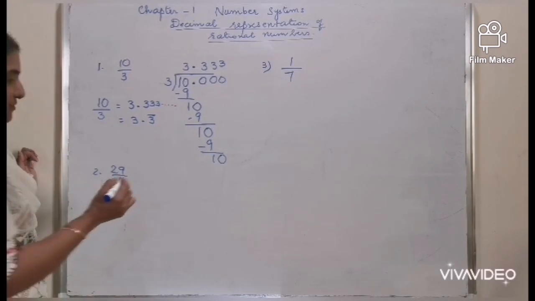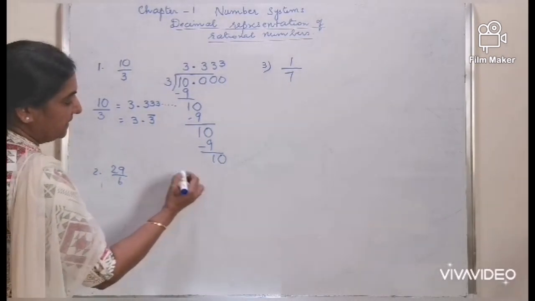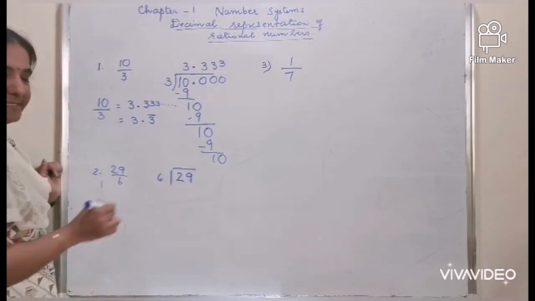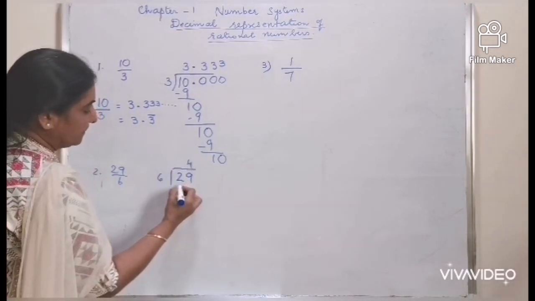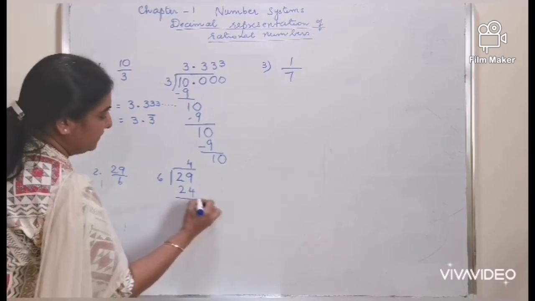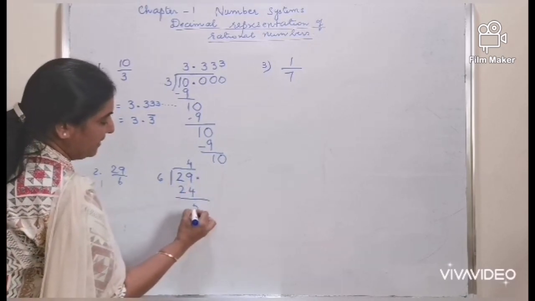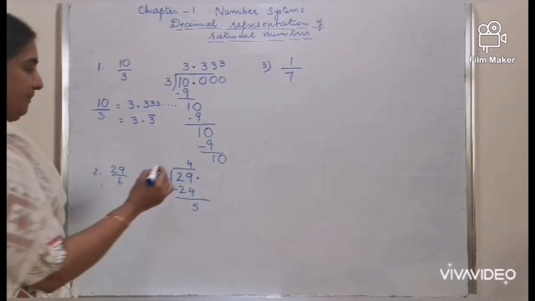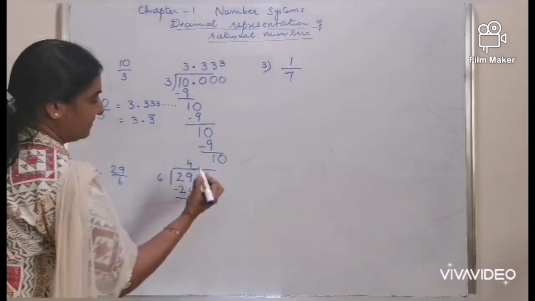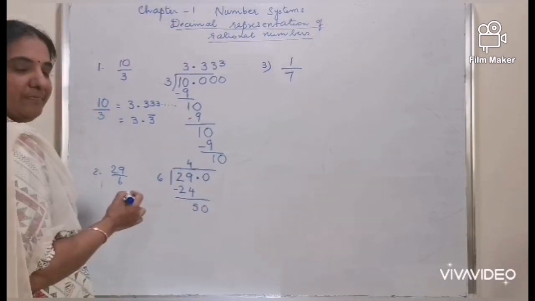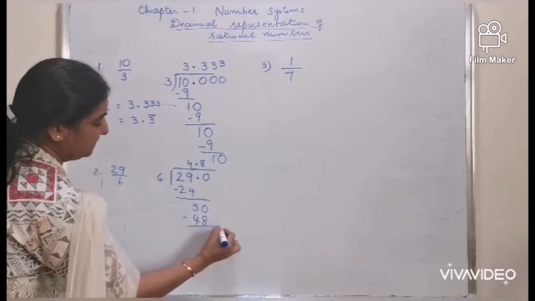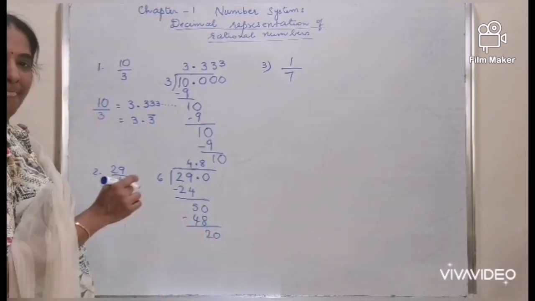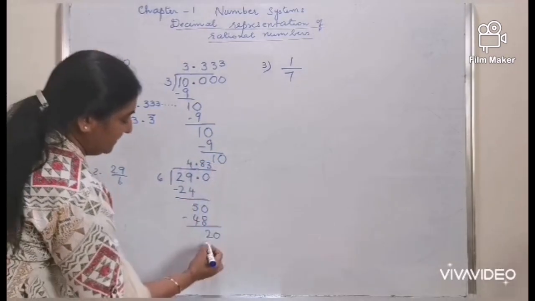Question number 2, 29 divided by 6. 6 4s are 24. Subtraction is 5. 50. 6 8s are 48. 20. 6 3s are 18.